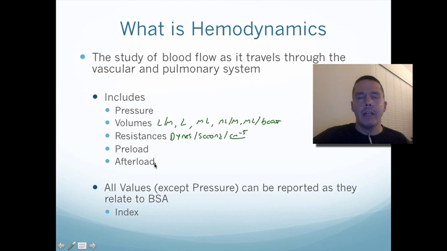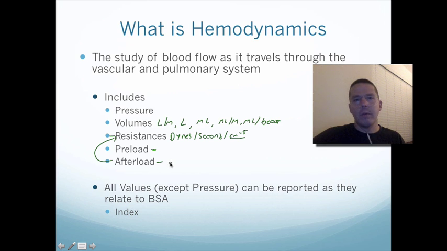Afterload is directly related to resistance. The afterload is the amount of force that a ventricle must pump against to move blood from one area to another. Preload is kind of its own thing. We don't directly measure or calculate it, but preload is the pressure that is assisting to fill, while the afterload is pretty related to the resistance after the particular area we're looking at.